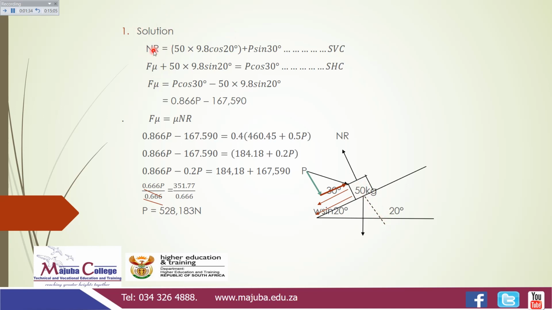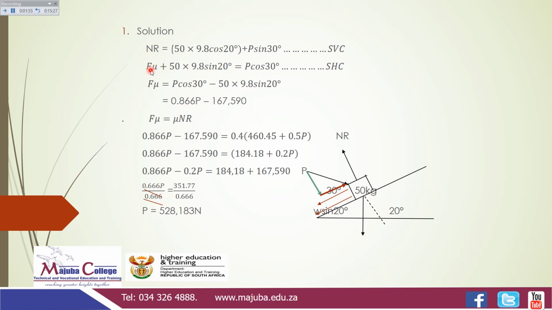So now you have to substitute. Your NR going up will be opposed by 50 times 9.8 cos 20, which will be your perpendicular force, plus P sine theta, which will be this force.